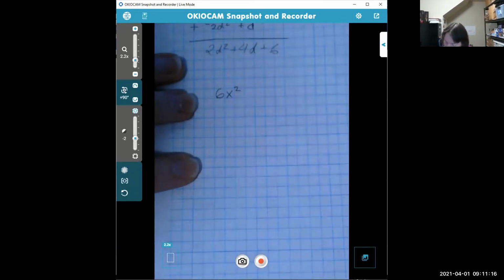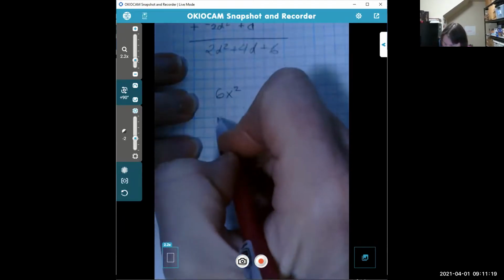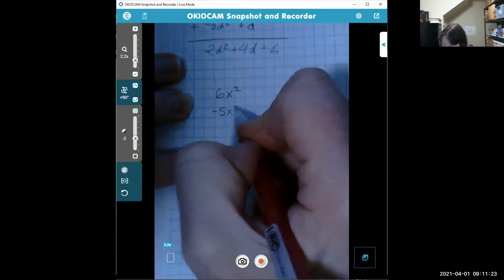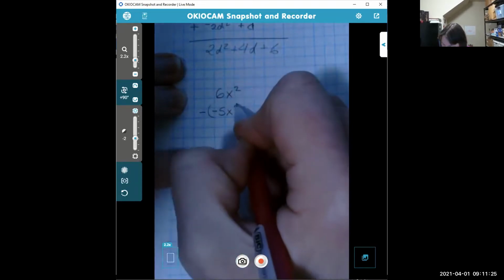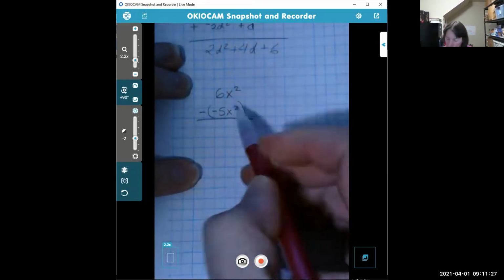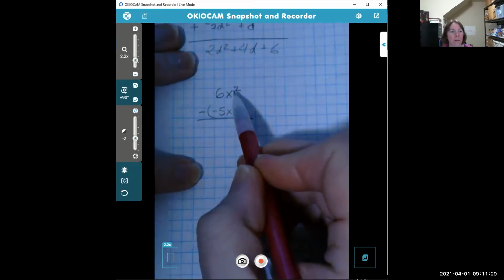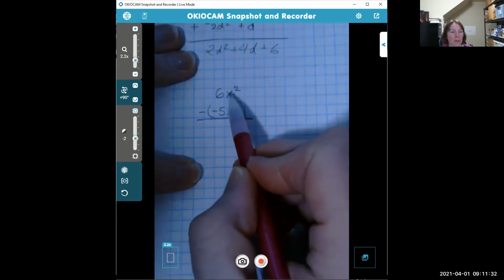If I told you 6x squared, and I wanted to know the difference between 6x squared and a negative 5x squared, and I told you I wanted you to subtract that. Here it's only two terms, right? There's a monomial and another monomial, and it's only two terms.